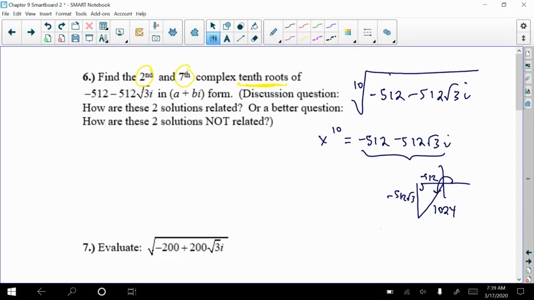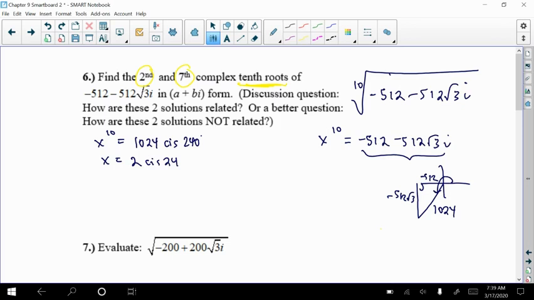So now in polar representation, x to the 10th power is equal to 1024, which is 2 to the 10th power, 1024 cis 240 degrees. And when I do the 10th root of both sides, the 10th root of 1024 is nicely 2, and then the cis 240 becomes cis 24 because that's 1/10 of it.